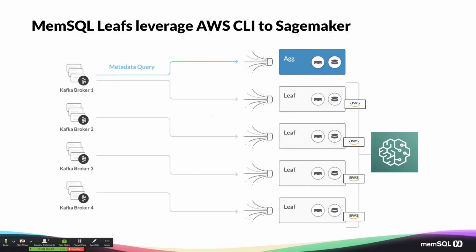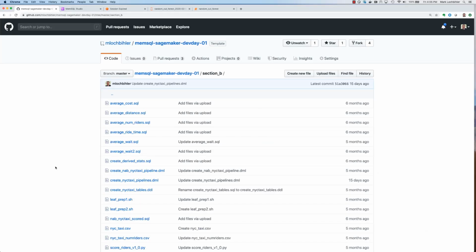It will actually run the transform on every leaf, and every leaf will then pass events over to the SageMaker model that's been deployed to score the record. We could also choose to score in batches, and we could also choose to score additional model endpoints, and both of those are optimizations.